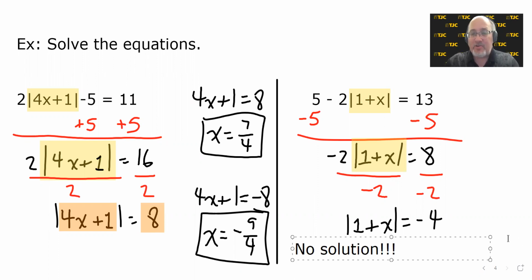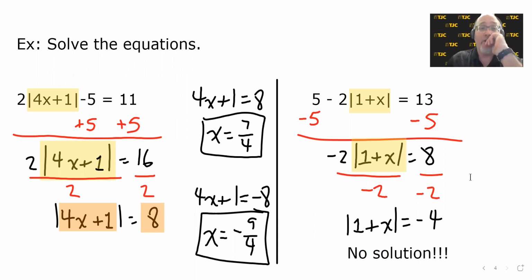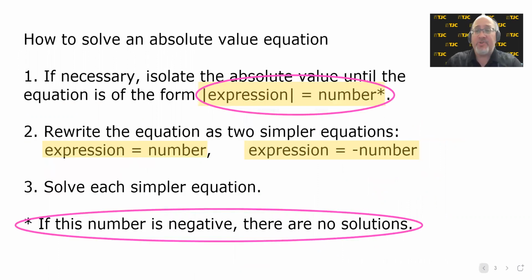Again, that's because you're trying to solve an absolute value equal to a negative, and absolute values never come out negative. All right, so this protocol here is essentially what you need to know for this section. To solve any absolute value equation, and I meant to put any absolute value equation here.